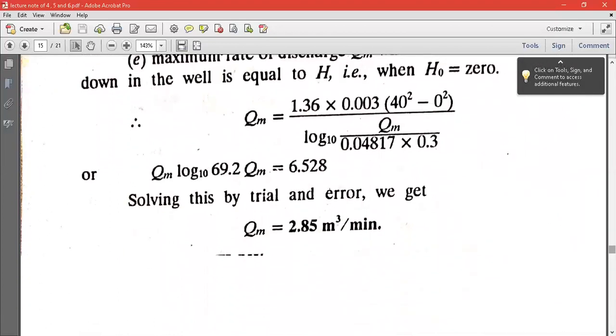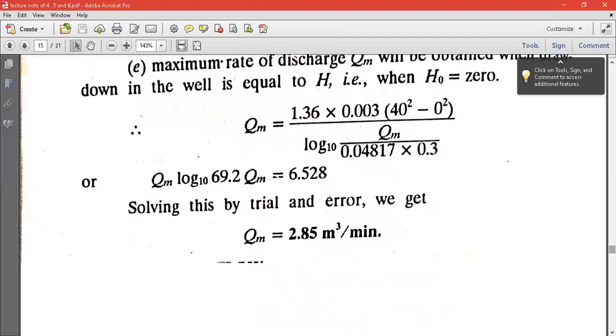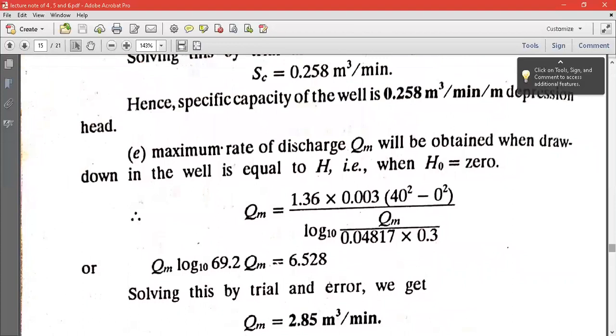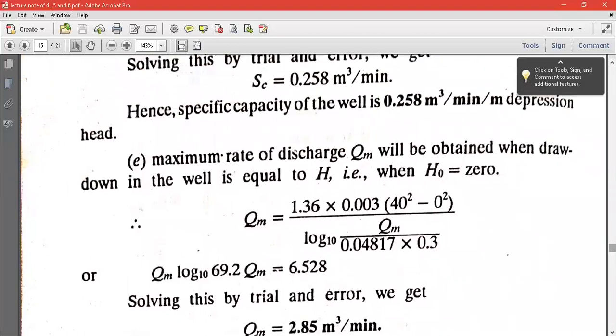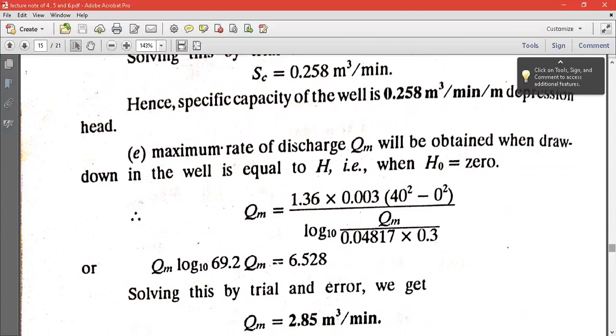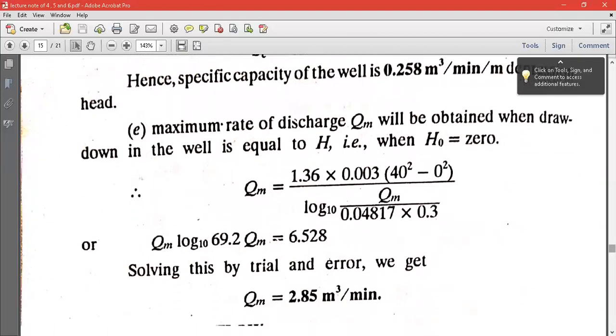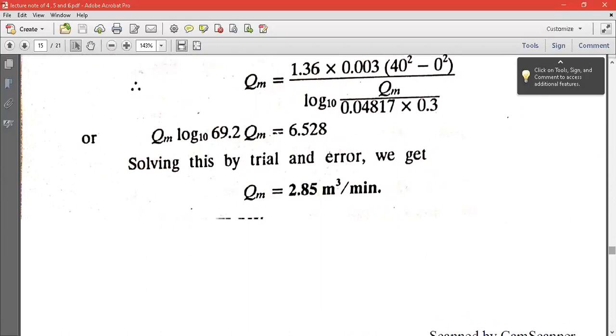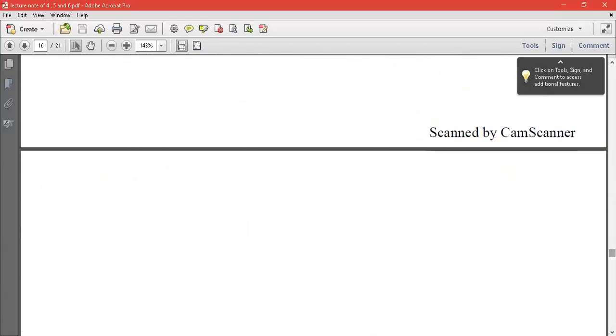So this is the maximum rate of discharge by equating the second part of the square in the bracket equal to 0, that means H0 equal to 0. Because when drawdown in the well is equal to H, then total drawdown is there, so no water head is there, so H0 equal to 0. Putting the value in this formula, we come to the maximum discharge by this method, QM equal to 2.85 meter cube per minute.